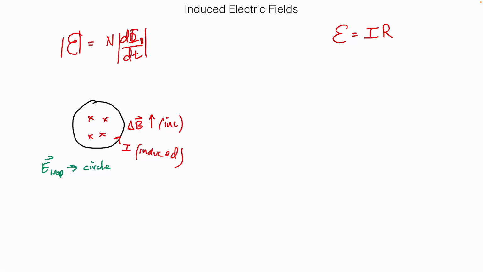What does this electric field look like? I know it's a circle. What other field makes circles? Magnetic fields. Magnetic fields are closed loops, are they not?